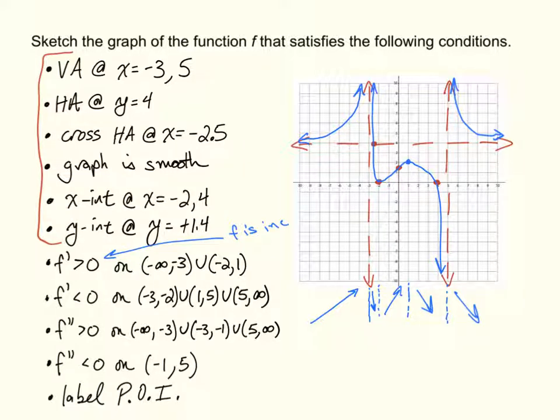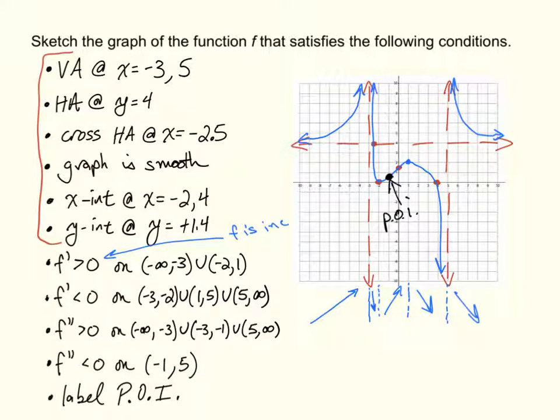The last thing we need to do here is label the point of inflection, and that is right here on the graph with the black dot. This is my POI, and that is because if you come back over here to the concavity between negative 3 and negative 1 is positive, or concave up, and at negative 1, the concavity changed to being concave down.